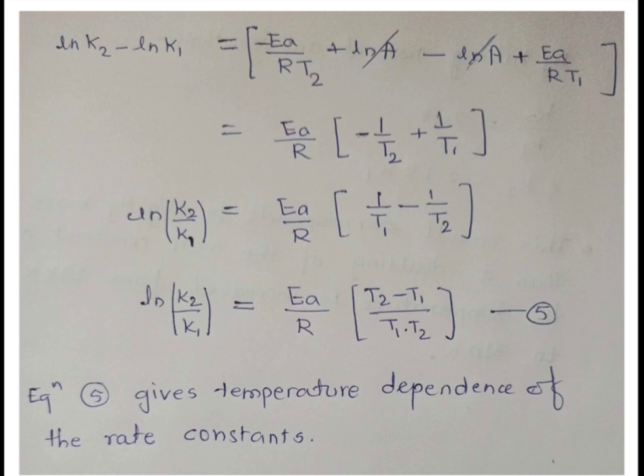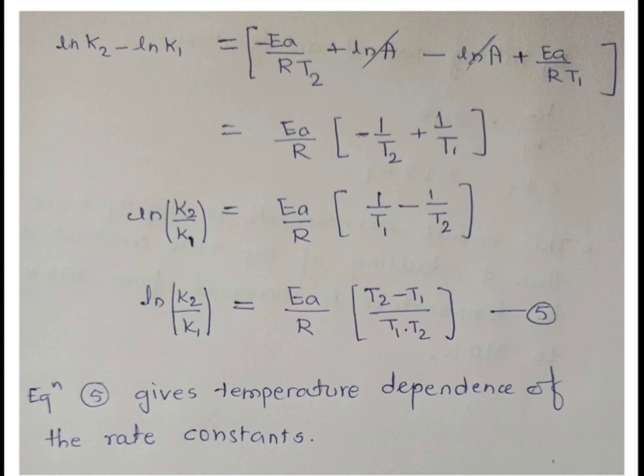In both terms common is Ea upon R, so Ea upon R is taken outside the bracket. In the bracket the remaining terms are minus 1 upon T2 plus 1 upon T1. The plus and minus terms can be written here preferably.